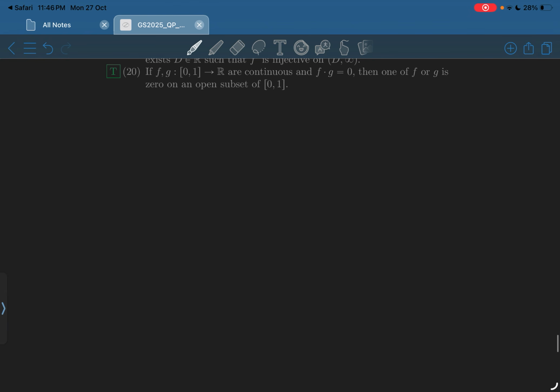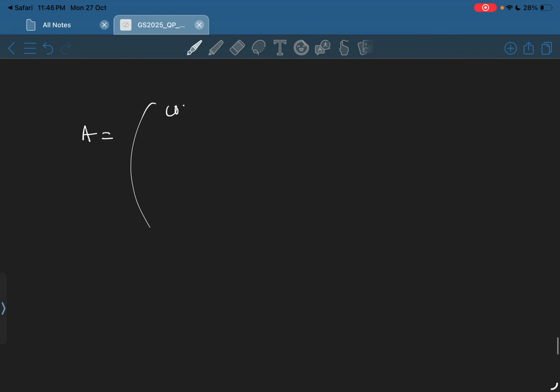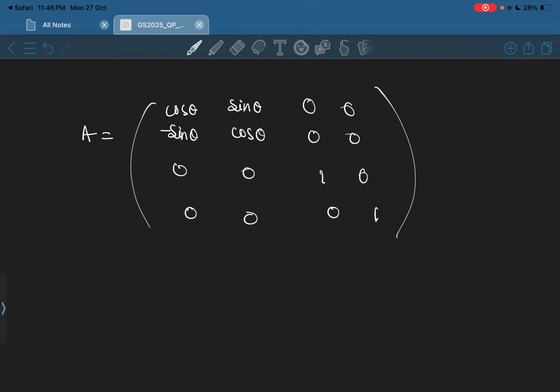Okay, so maybe I should write it here. My matrix you can define this way: cos theta, sin theta, minus sin theta, cos theta, then 0 0 0 0 and 1 0, 0 1, something like that. So this is a 4x4 matrix, and choose some theta such that this matrix has an eigenvalue that is a non-real complex number.